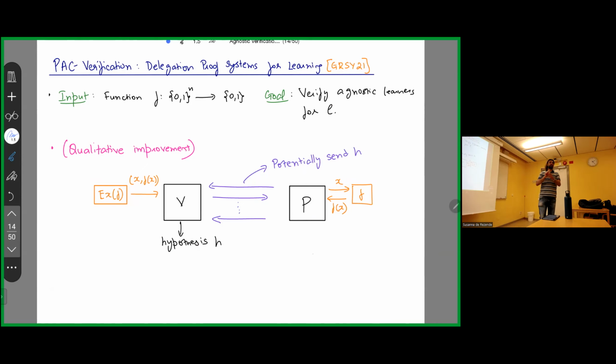And the verifier delegates the learning computation to the prover, using which you output a hypothesis H. So qualitativeness here comes from the fact that the verifier has random example access and the prover has query access.